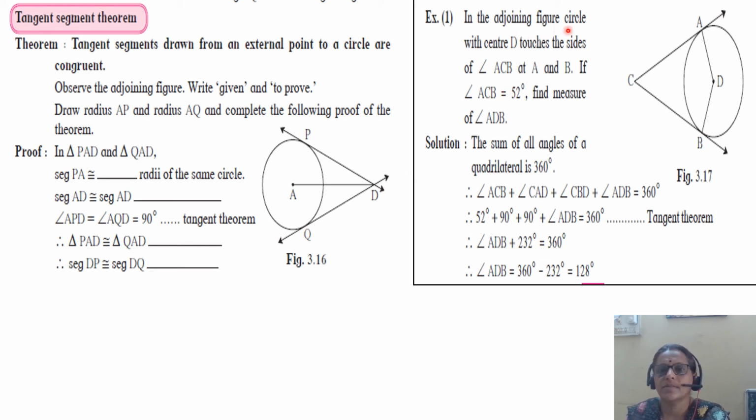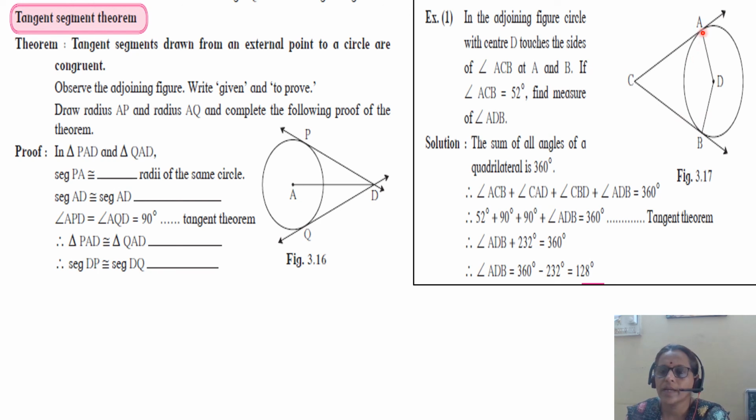Observe the figure. Another example. A circle with center D touches the sides of angle ACB at A and B. If angle ACB is 52 degrees, find the measure of angle ADB. Now the sum of all angles of quadrilateral ADBC is 360 degrees.